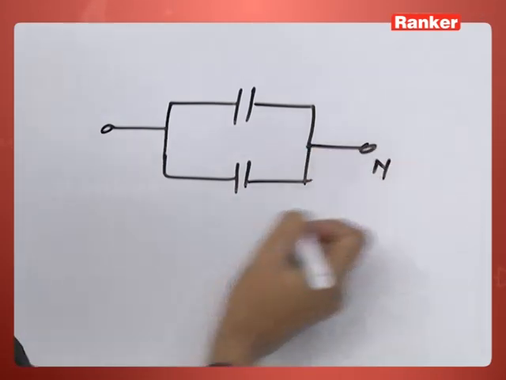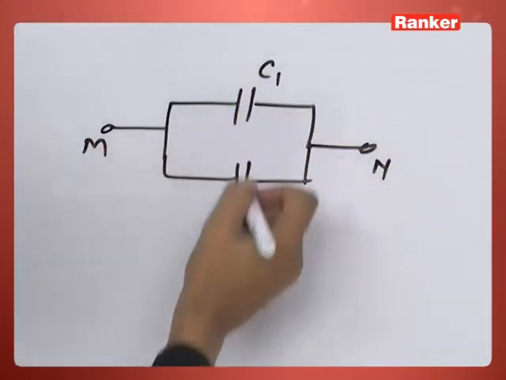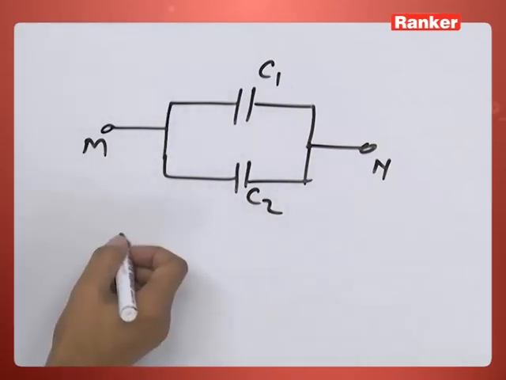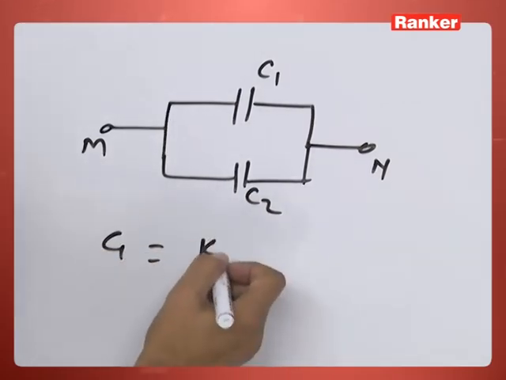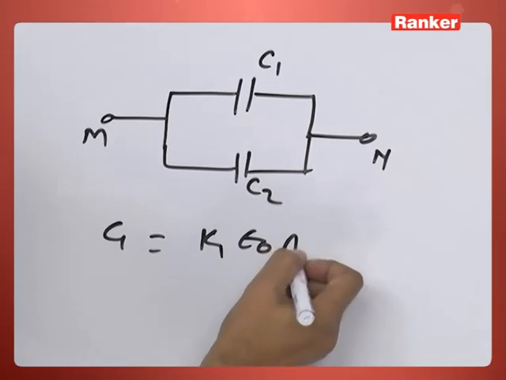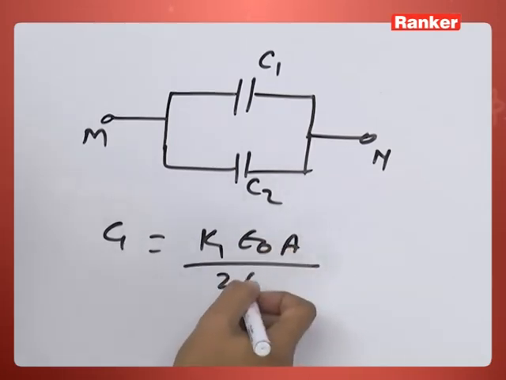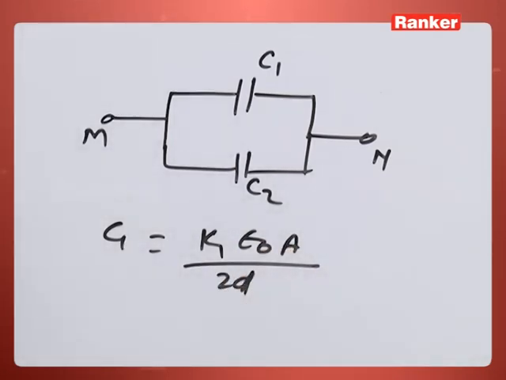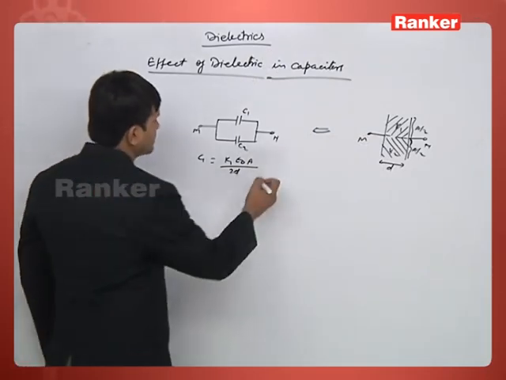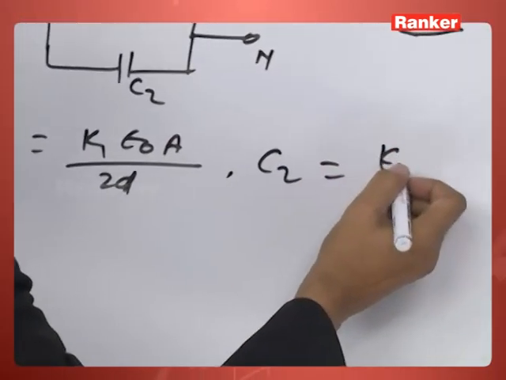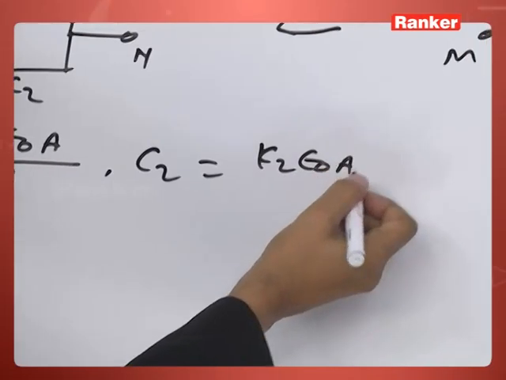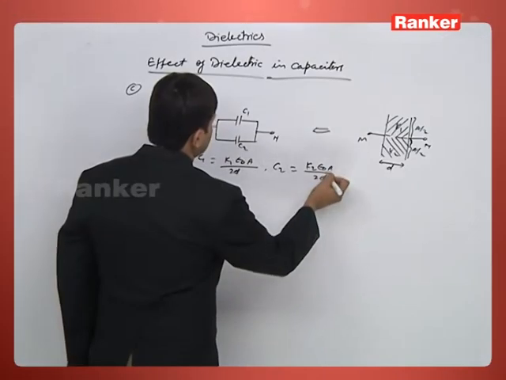In this manner we can see C1, C2. So what is the value of C1 here? K1 epsilon naught, area becomes half, A by 2, and the gap still remains d. This is C1. And C2 is K2 epsilon naught A by 2d.